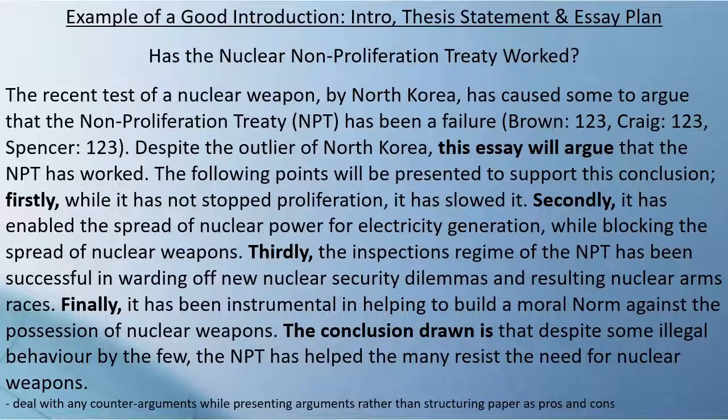Finally, it has been instrumental in helping to build a moral norm against the possession of nuclear weapons. The conclusion drawn is that despite some illegal behaviour by the few, the NPT has helped many resist the need for nuclear weapons. Right? So that is a really good introduction sentence, thesis statement, and essay plan.